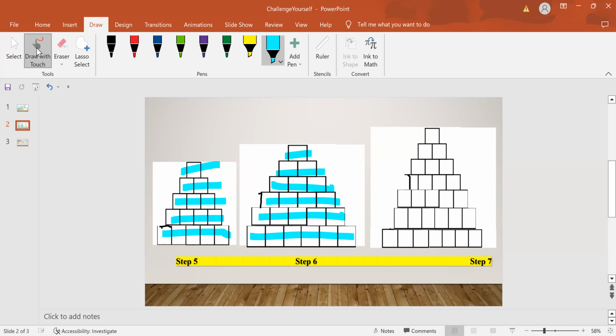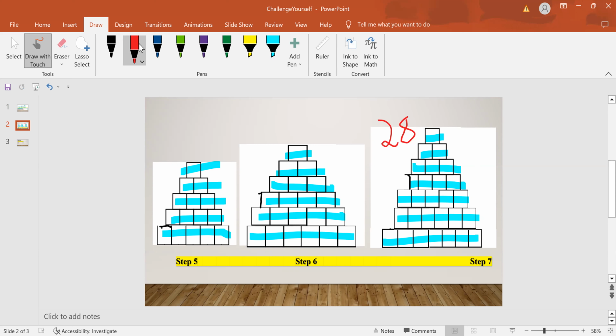And step 7, 7, 6, 5, 4, 3, 2, 1. If you count the number of blocks in step 7, that gives you 28. If they ask you for step 8, you know it's going to be 8 blocks at the bottom, and on top of them, 7 blocks, 6 blocks, and so on to 1.